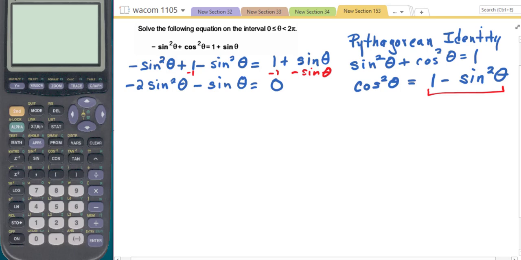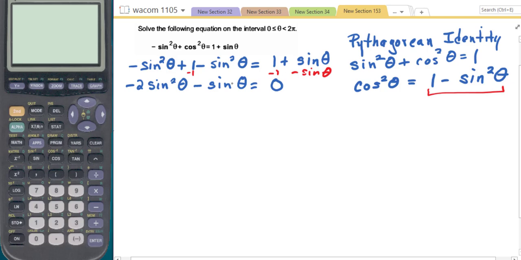I do see that I have a quadratic form here, and I have something in common, so I'm going to do a GCF. The one thing I would do first is get rid of this negative 1 that is with the 2.